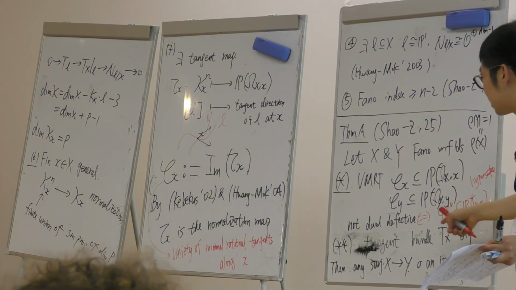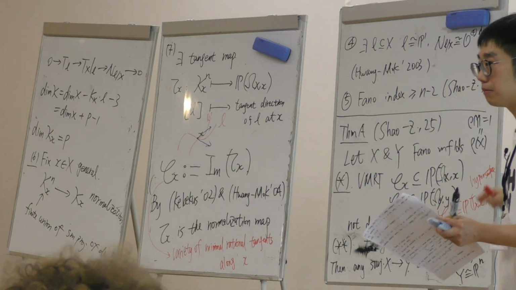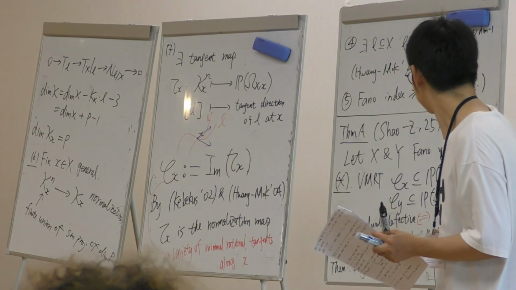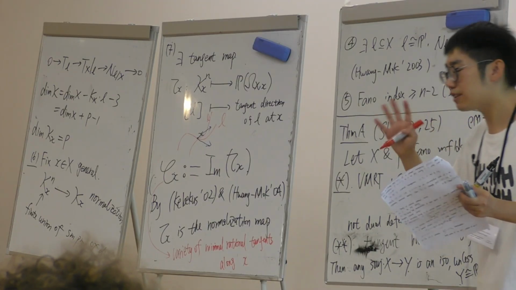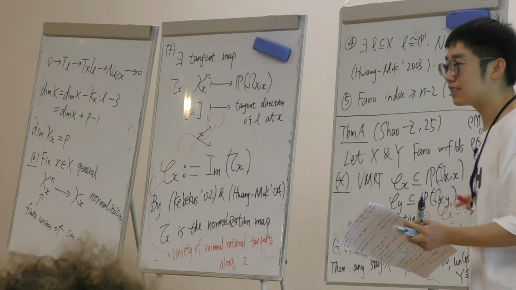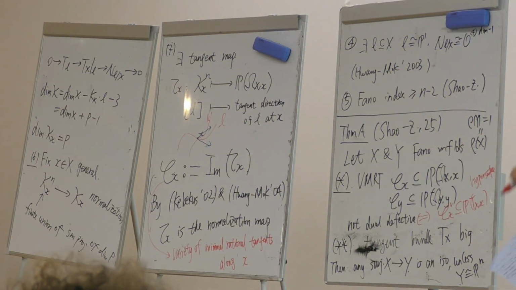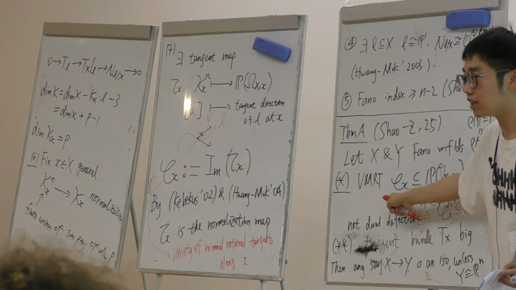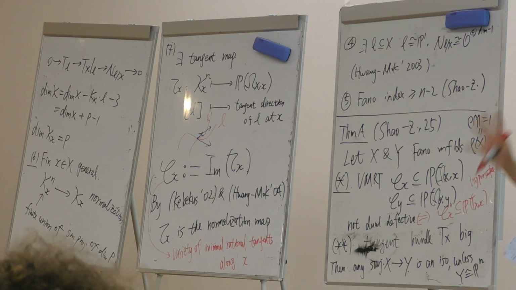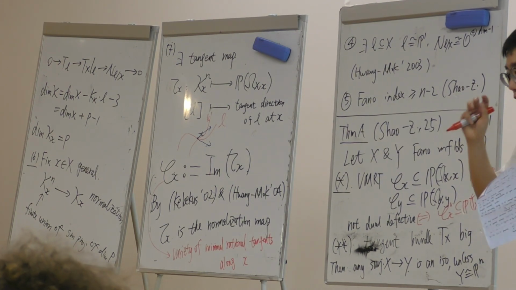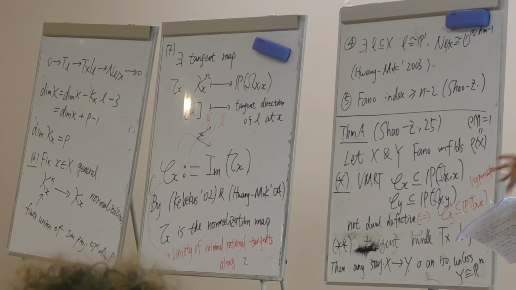Maybe I can give a rigorous definition later. Dual defective means it's not a hypersurface, it's of higher codimension. As I mentioned, for most cases, for example, if this Cx is a complete intersection in the variety, then its dual variety is always a hypersurface. There are only very few situations for which the dual variety is not a hypersurface.